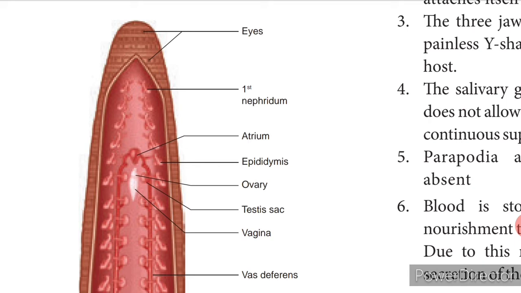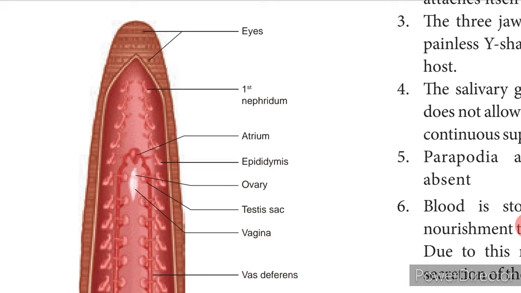Here in the picture you can see, isn't it, the testis sacs, and each testis gives rise to a short duct. A small duct arises from the testis, and this is called the vas efferens, and this leads to the vas deferens, and this vas deferens consists of epididymis, which is nothing but the sperm vesicle to store the sperms.